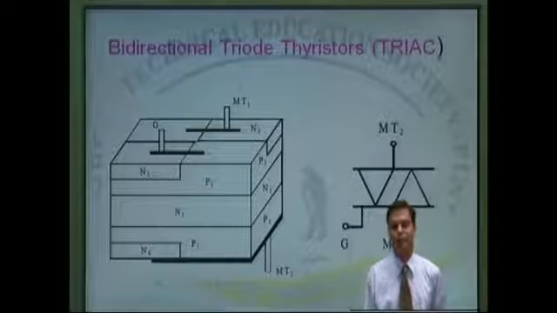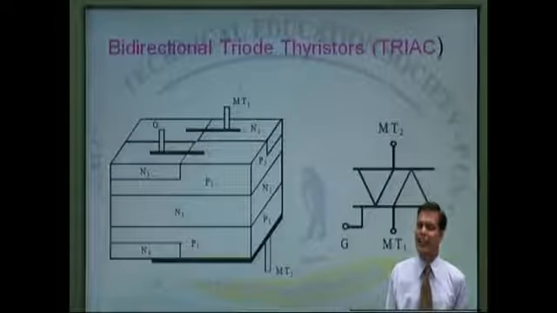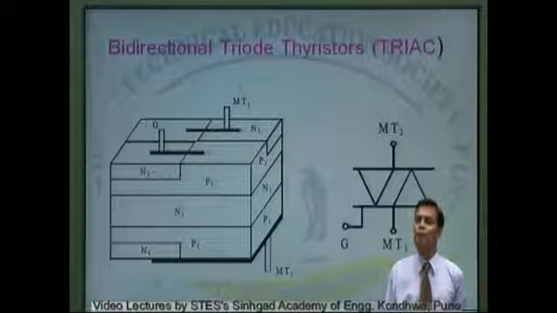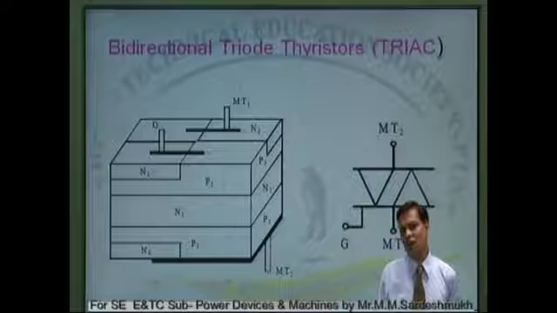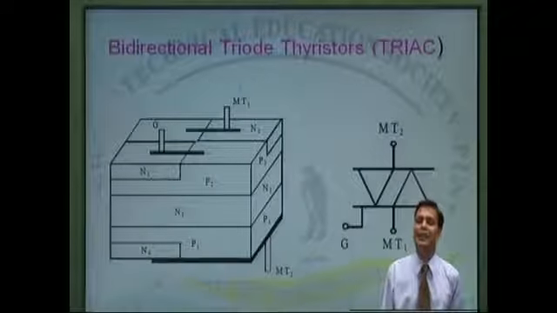Now if we see the construction of a triac, triac is a multi-pellet PNPN structure. It consists of P1, N1, P2, N2 and N3, N4 layers.